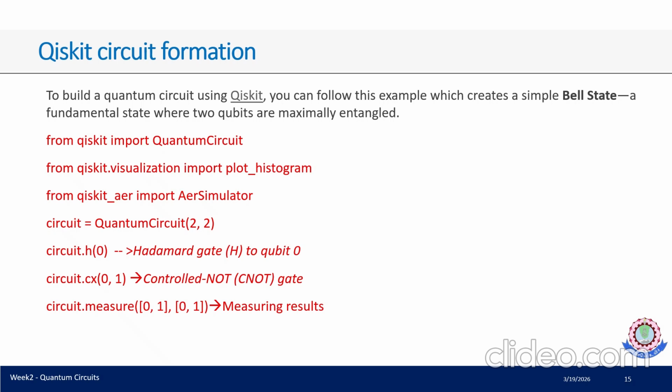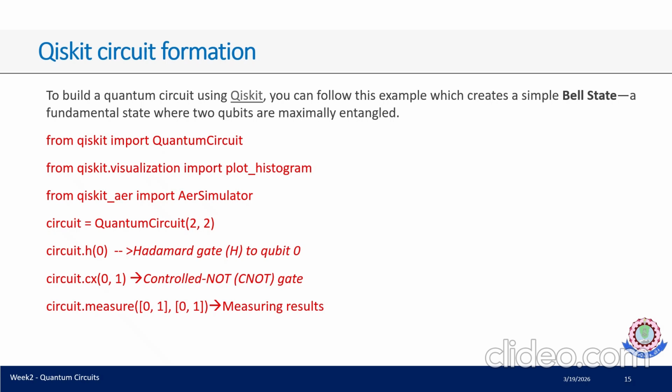The next line applies a controlled NOT gate with control qubit 0 and target qubit 1, which creates entangled qubits. The next one, circuit.measure, measures qubits 0 and 1 into classical bits 0 and 1.